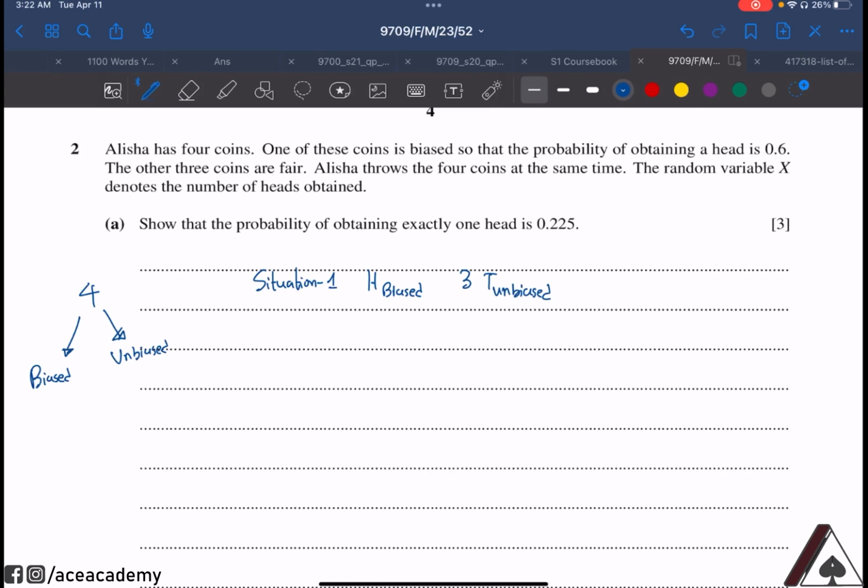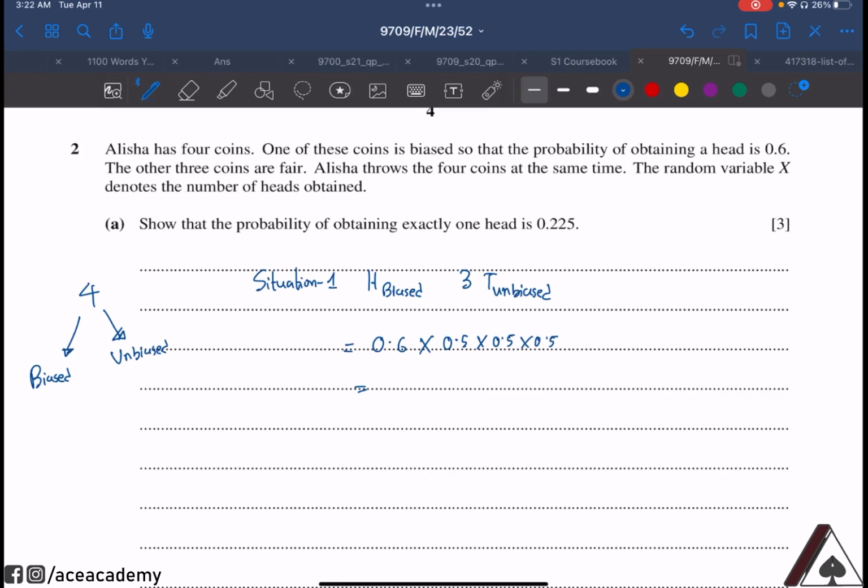All right, so let's find out the probability for this situation, which is 0.6, since the probability of obtaining a biased head is 0.6, followed by 0.5 into 0.5 into 0.5.